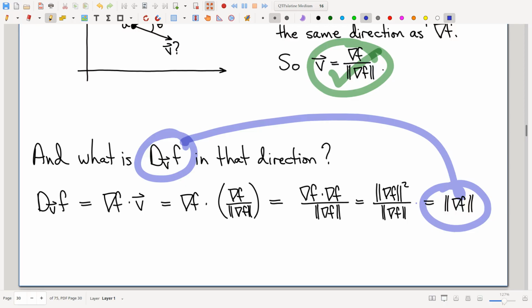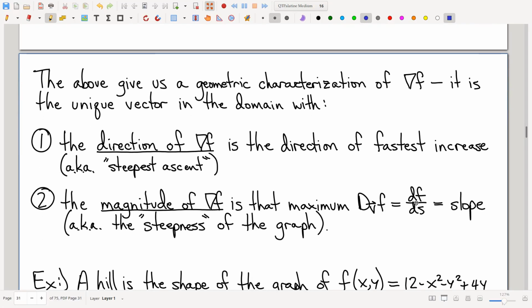And one little refinement of what I just said: being a vector, the gradient has exactly two geometric features. It has nothing more than a direction and a magnitude. Both the direction and the magnitude are natural, right? They're the answers to reasonable questions. And so the gradient itself can actually be defined as such.